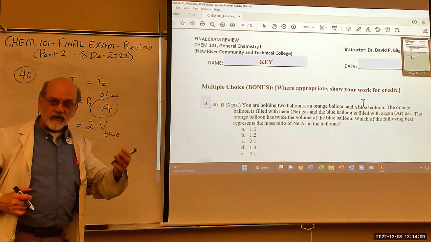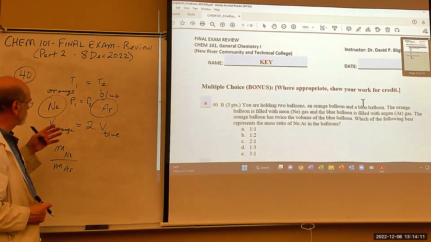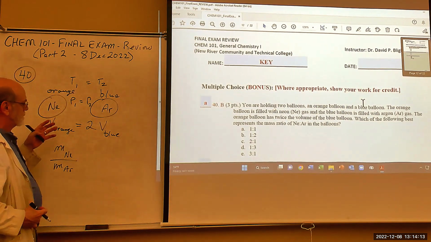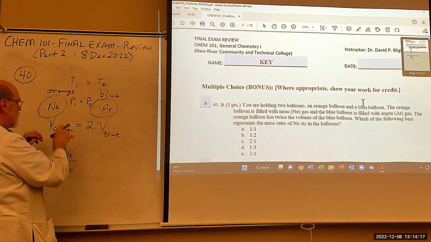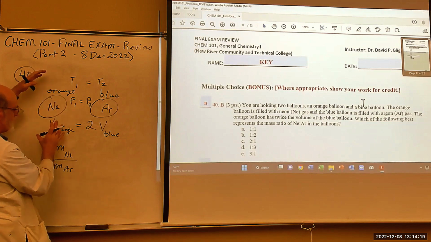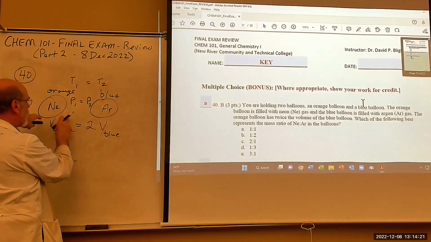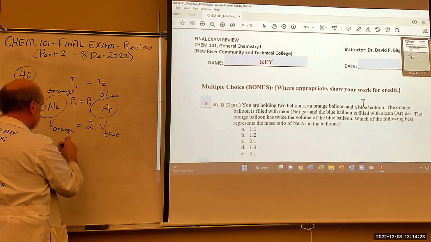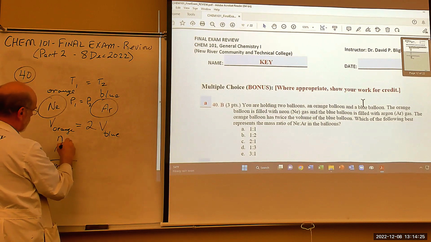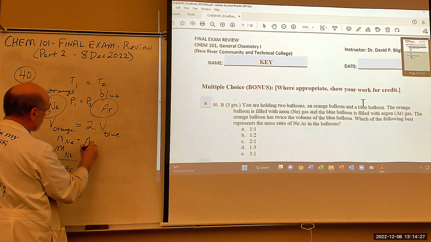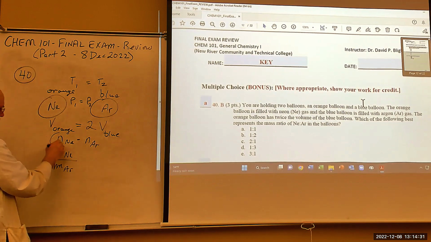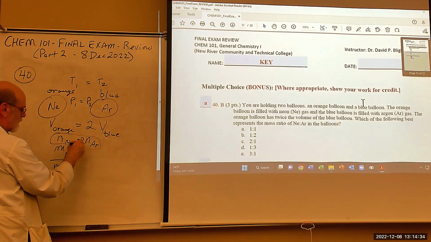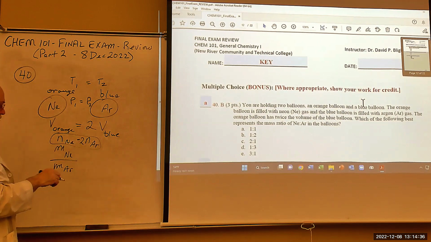But if all of these factors are the same, but the volume here is twice as big, that means you have twice the moles. So the number of moles of neon is equal to twice the number of moles of argon. We have twice as many moles.